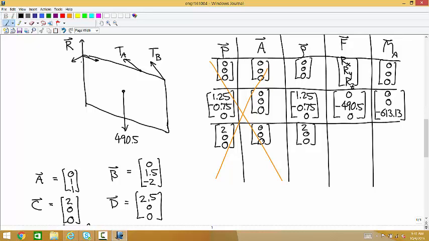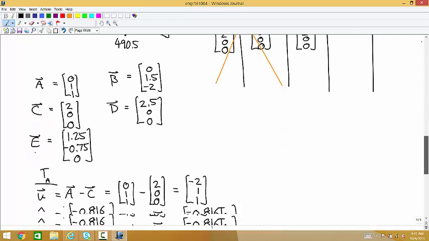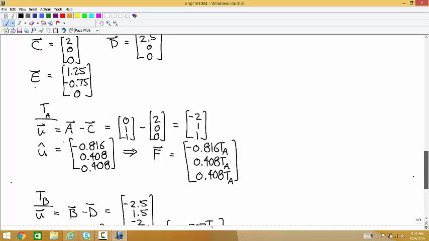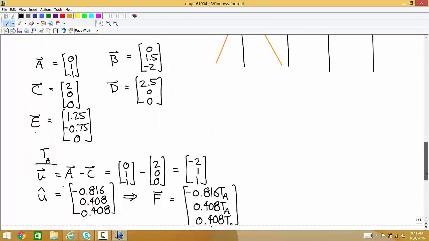We already did the force at the ball and socket joint. We already did the weight force. Now we are doing the force TA. And we did that by calculating a unit vector that points from C to A, and then multiplying it by the force TA. So I'll enter that in here.